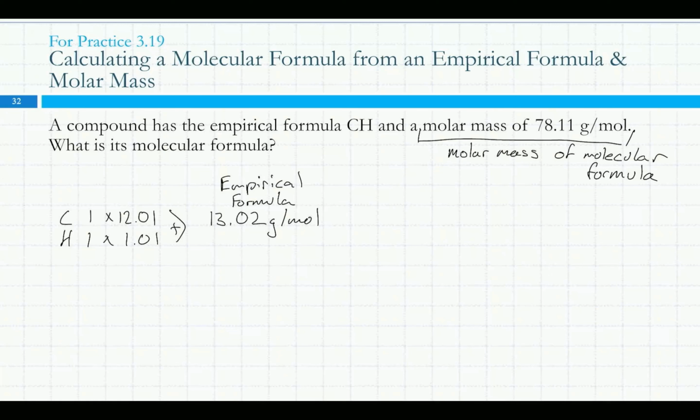And so yeah, 78 is larger than 13, right? We're always going to end up with some whole number here. If you divide and you get a number that's smaller than 1, then you've done it backwards.